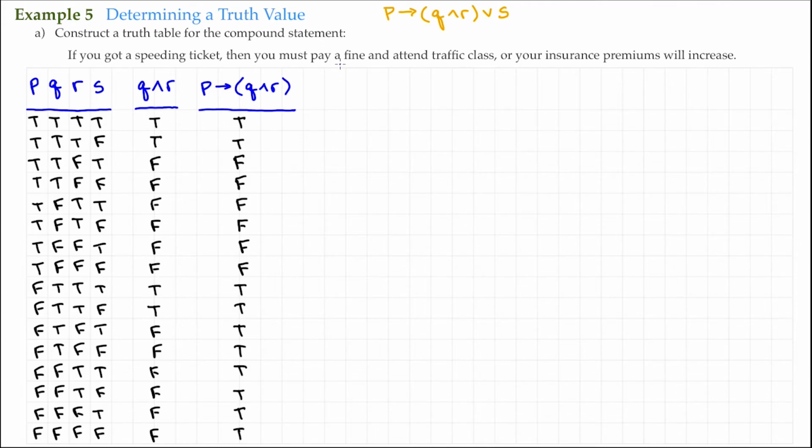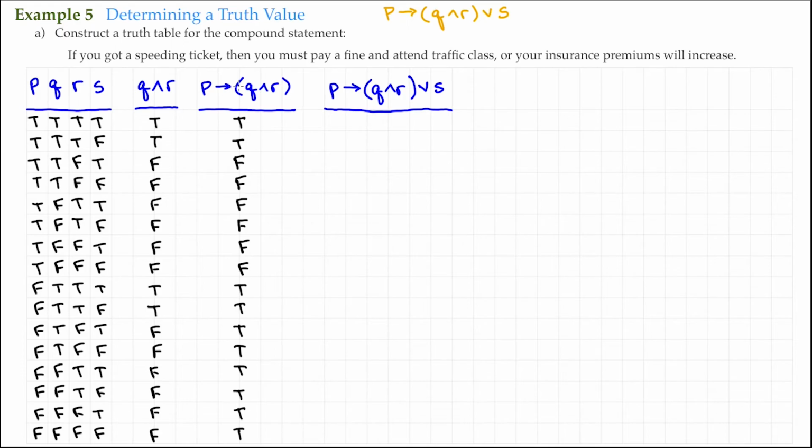So I'm going to put in if P, then Q and R, or S. So since it's an or statement, this has to be false, and this has to be false for the entire compound statement to be false.